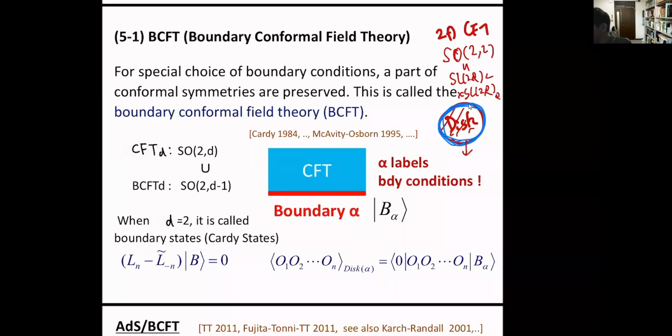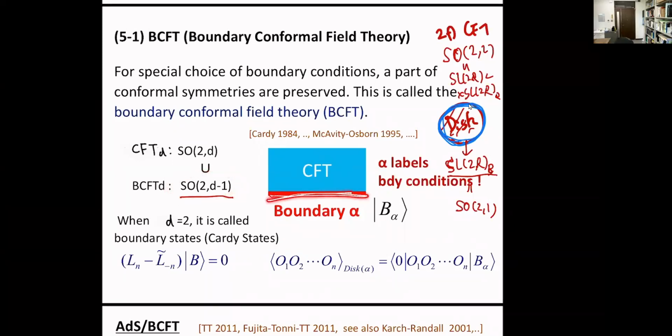But if you have a boundary, you only have one linear combination of those, one SL(2,R). This is the same as SO(2,1).